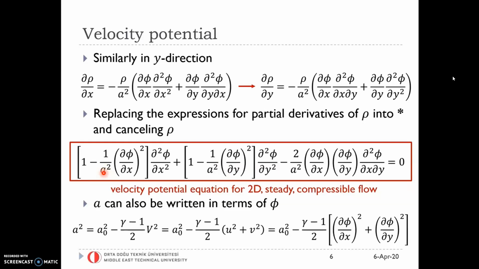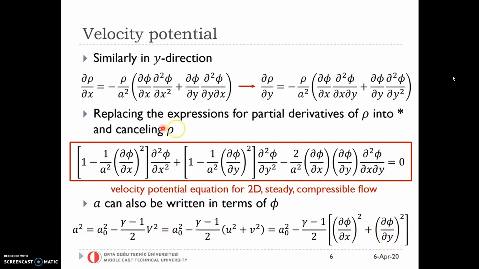And for that, I'm going to use one form of the energy equation that's given here, that you can find in the previous chapters that we saw at the beginning of this semester. So a square can be given as a0 square minus gamma minus 1 over 2 V square. So instead of capital V, again, I can use u and v components, and correspondingly I can use this d phi over dx and d phi over dy terms here.